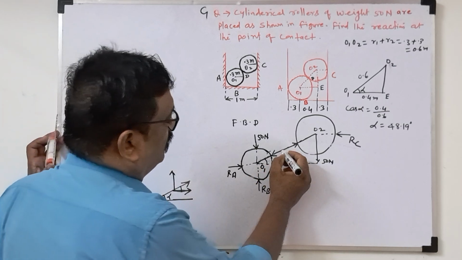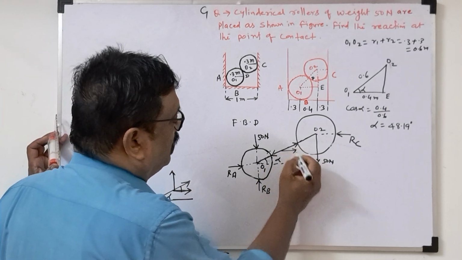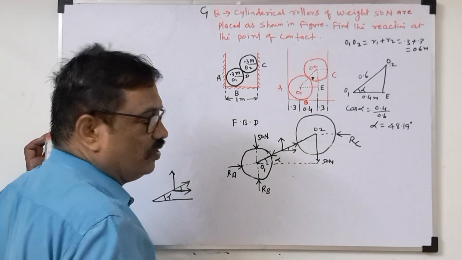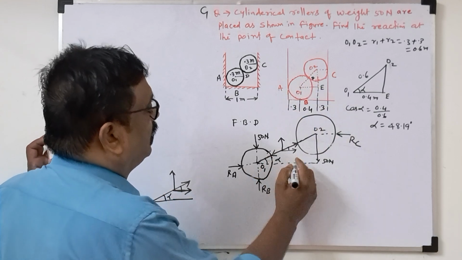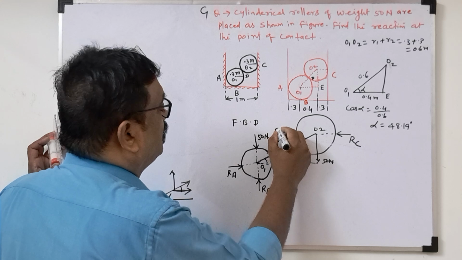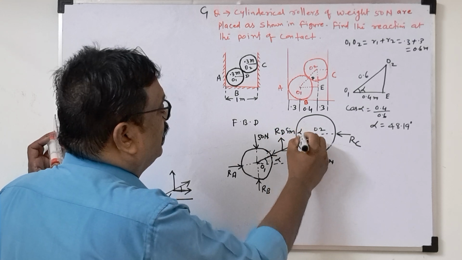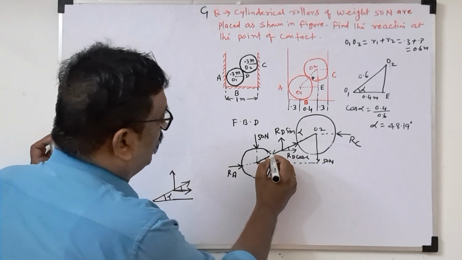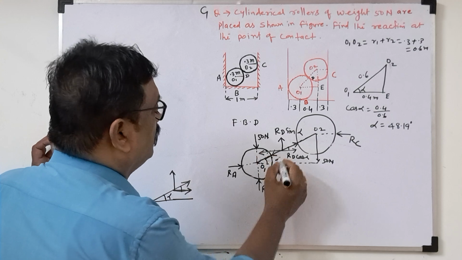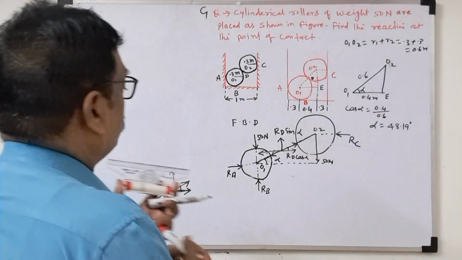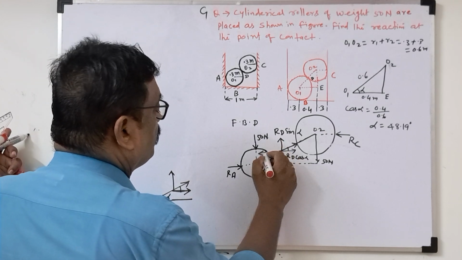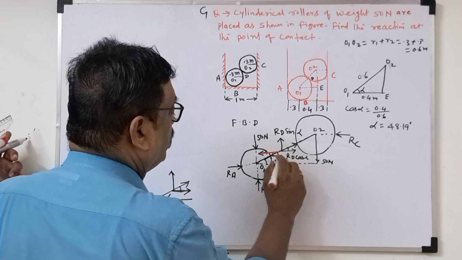So how do we resolve this? This is the inclined force. With respect to the horizontal we draw one line, and mutually perpendicular another. This angle is alpha, this also alpha. Taking the force as RD, the components are RD cos alpha and RD sin alpha. Similarly, we resolve this point also, in a different color, with angle alpha.